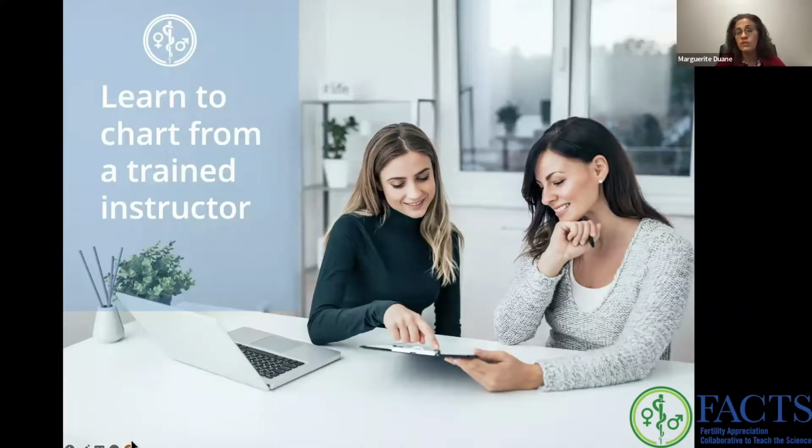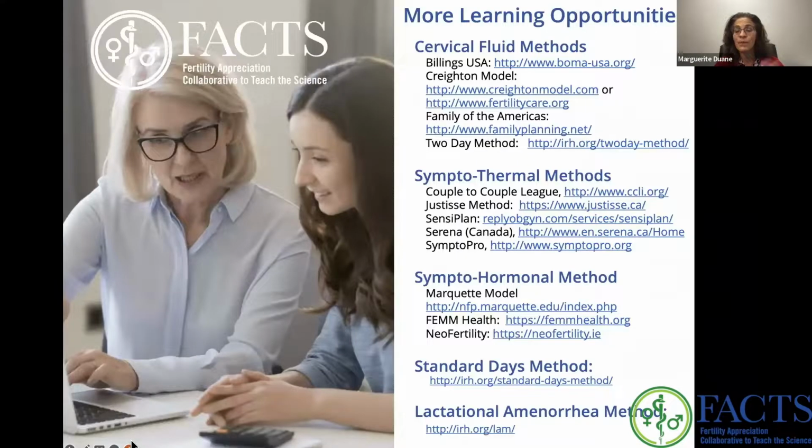We invite you to visit the factsaboutfertility.org website and sign up for our webinar, The Facts About Fertility Explained, where we go into much greater detail about each of these methods and provide resources to find an instructor in the method of your choice. Here's an example, and these are available on our website.